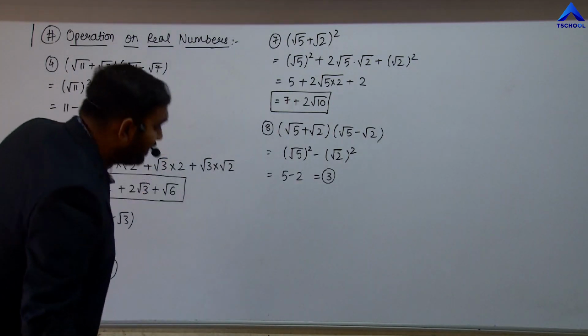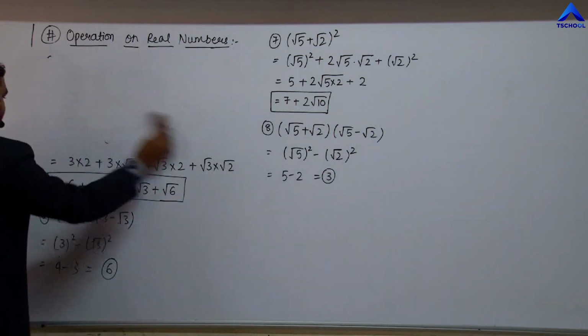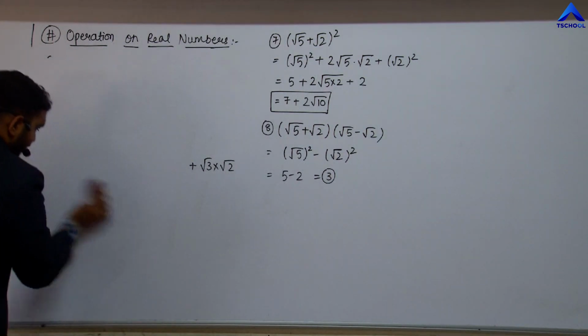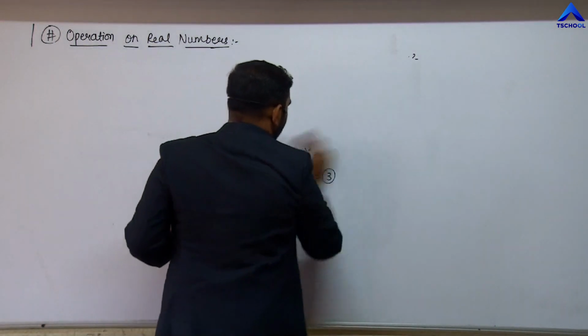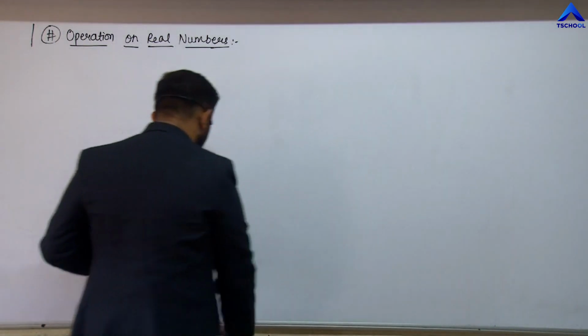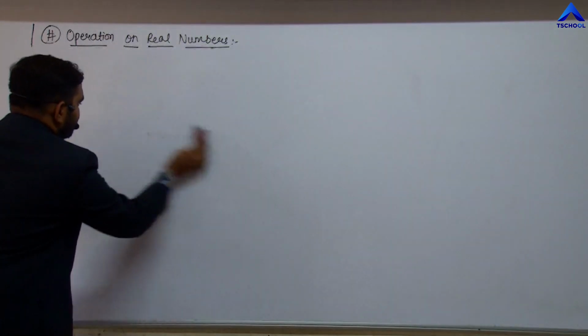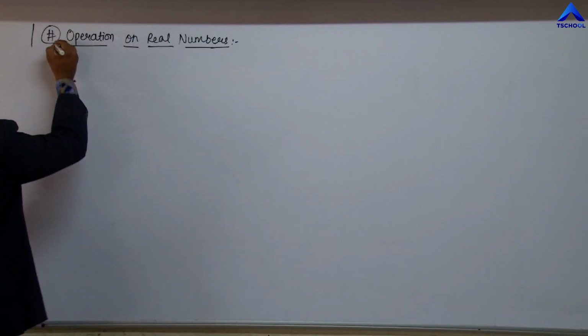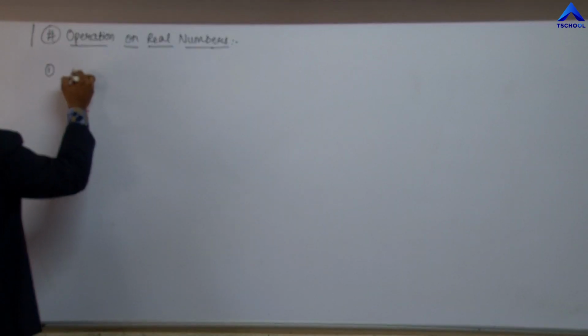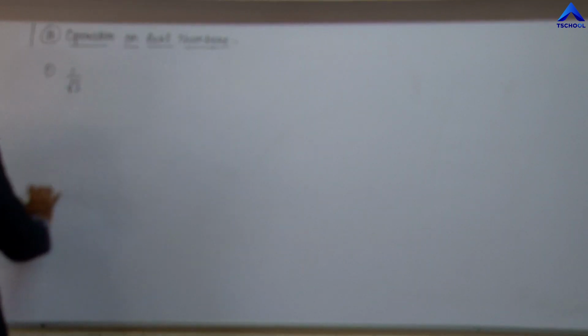Now coming to the next kind of sums, actually this is not a topic here, this all comes under the topic of operation on real numbers only, but these are the next kind of sums where you might deal with some of the sums like this: 1 by root 2.